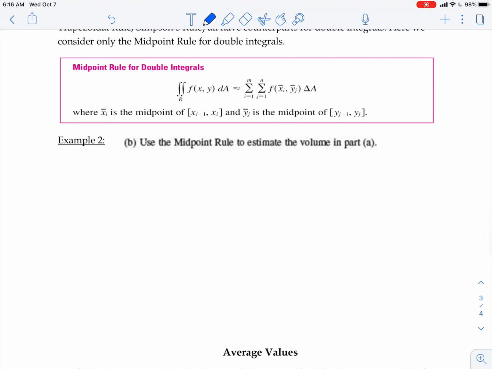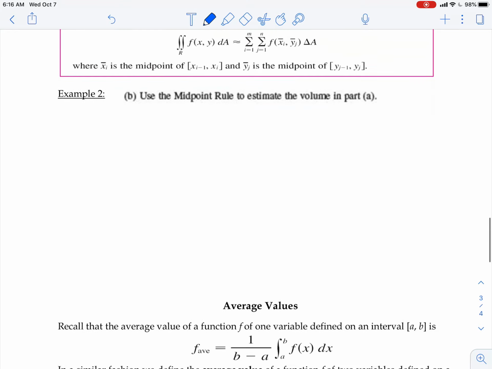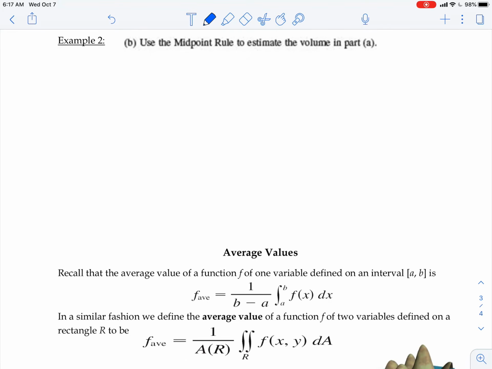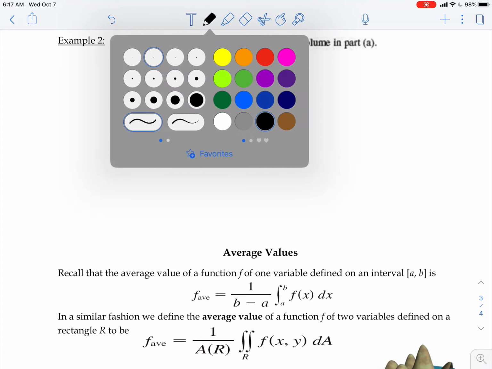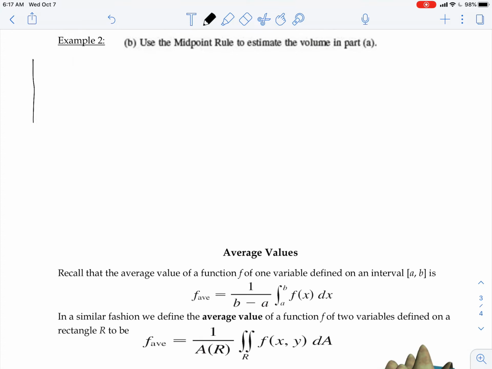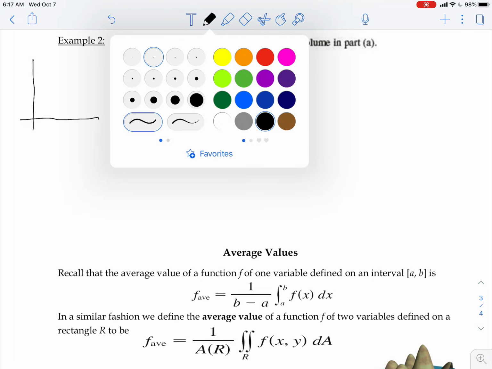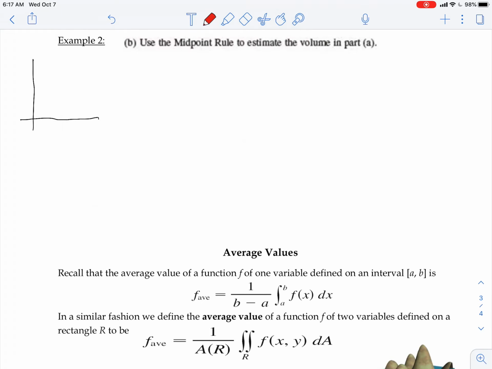All right, so let's go ahead and do example 2. Use the midpoint rule to estimate the volume in part A. What I'm going to do is rewrite or redraw that rectangle. And again, we were at 1, 2, and then 1, 2, 3.